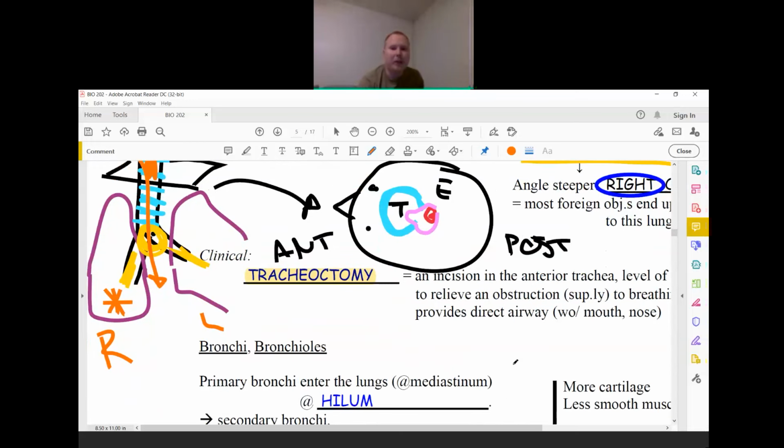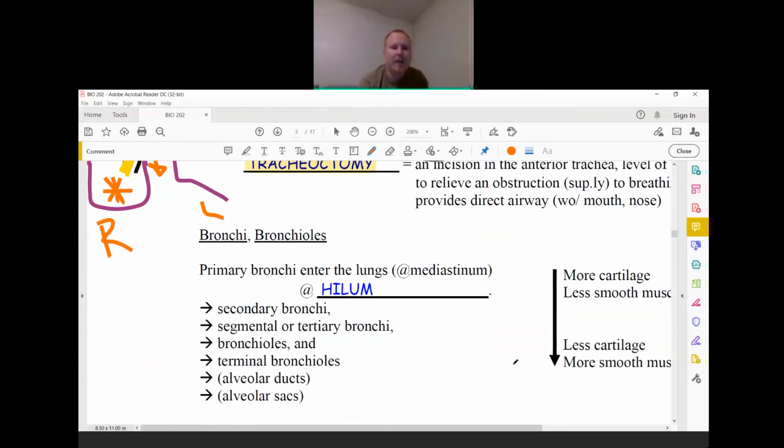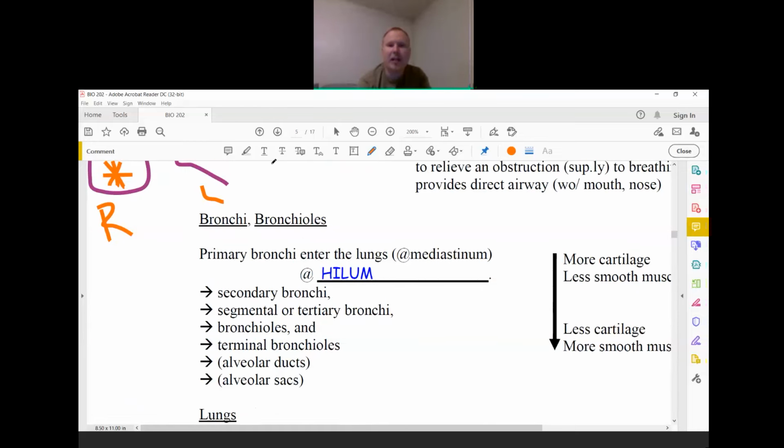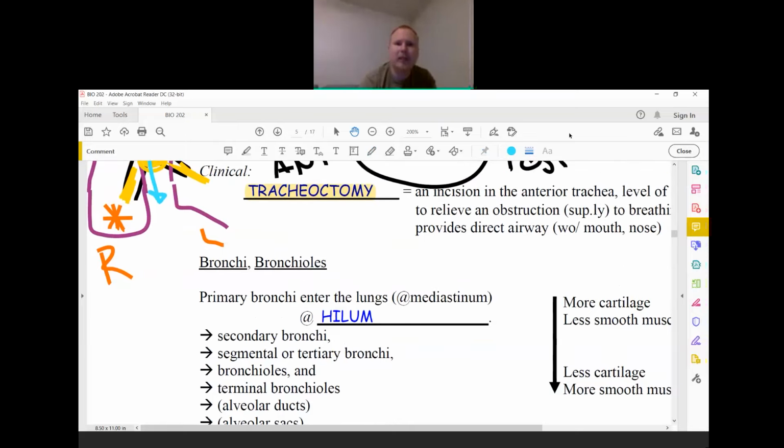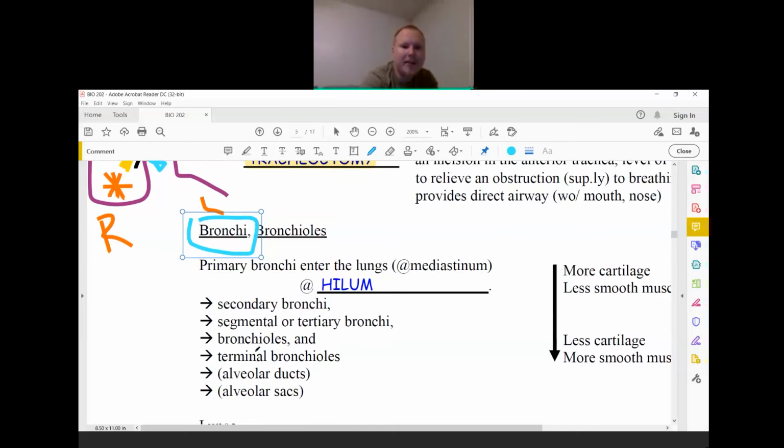Next, I want to talk a little bit about these branches that we saw, and I'm going to just expand a tiny bit on those. So the first branches that come from the trachea are going to be known as bronchi. So we have primary bronchi, secondary bronchi, and tertiary bronchi.